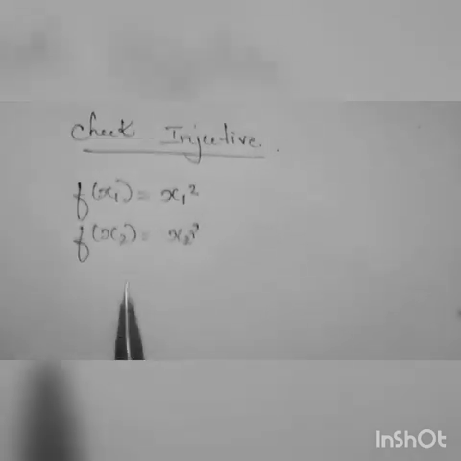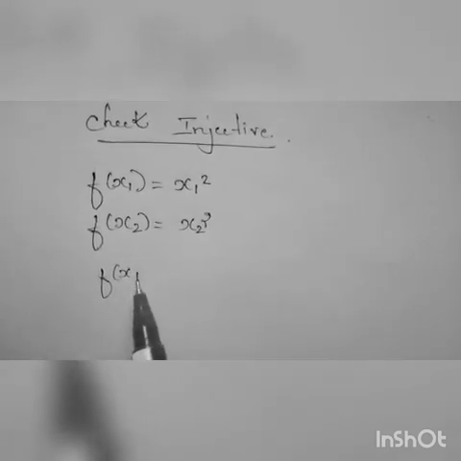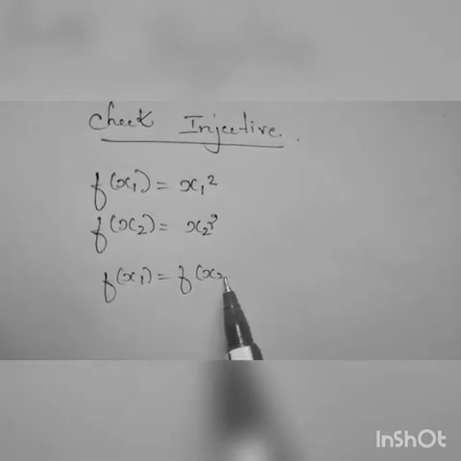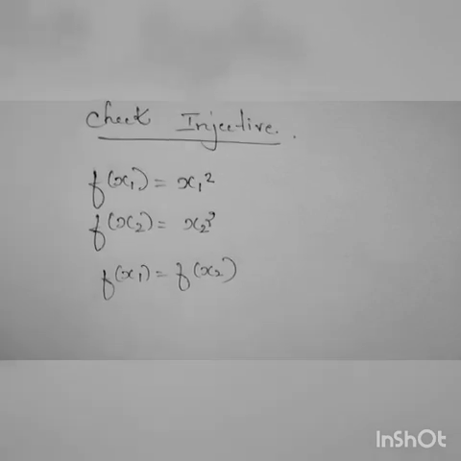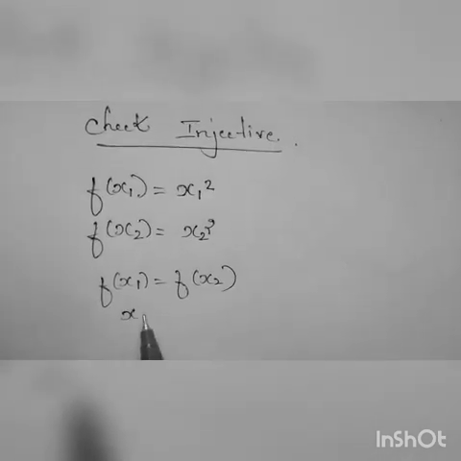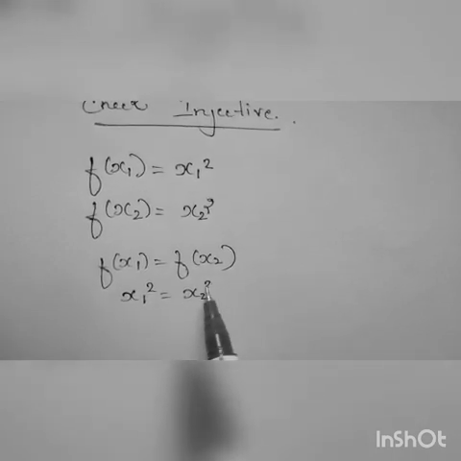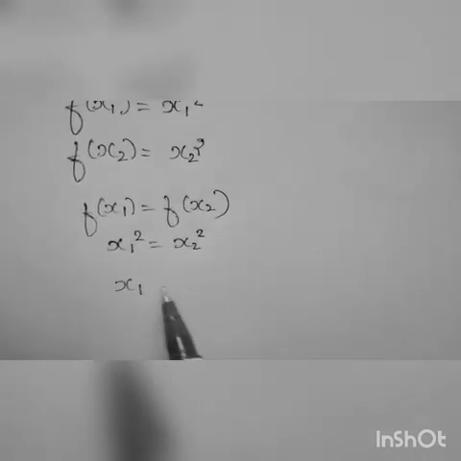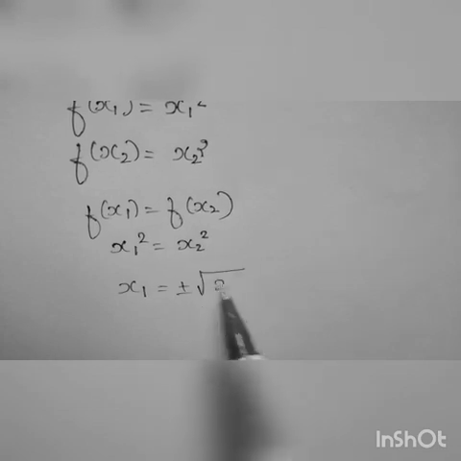Putting them together, f of x1 is equal to f of x2, and when the LHS are the same, the RHS will also be equal. Therefore x1 square is equal to x2 square, and it says x1 is equal to plus or minus root of x2 square, so x1 is equal to plus or minus x2.